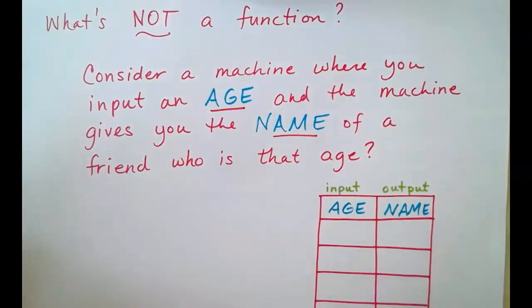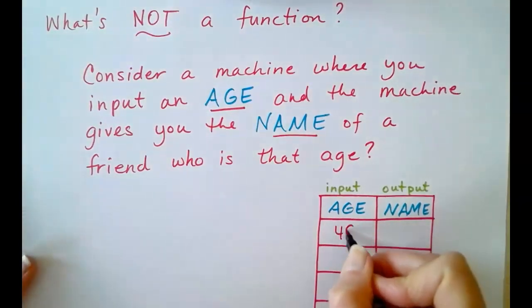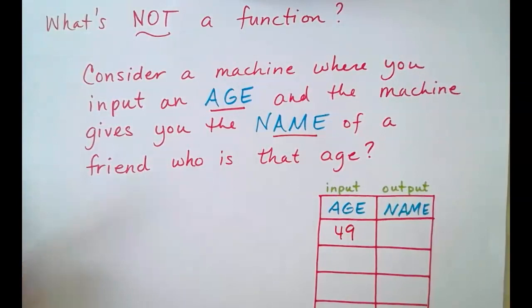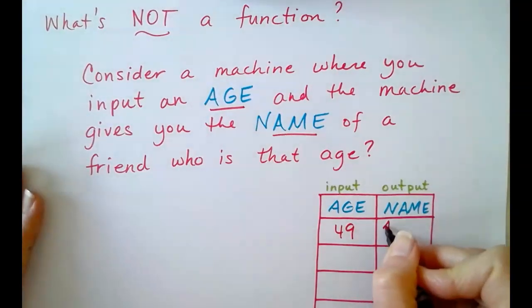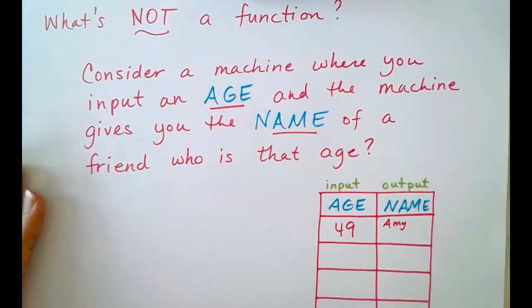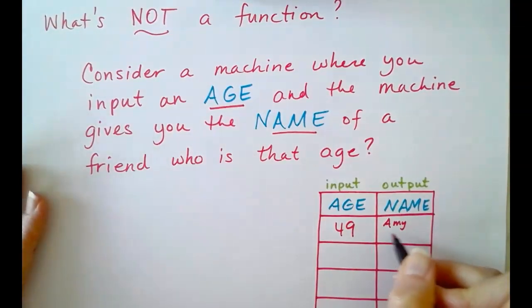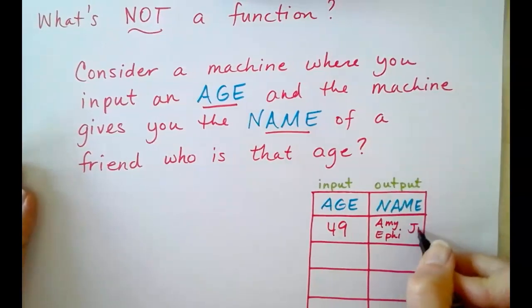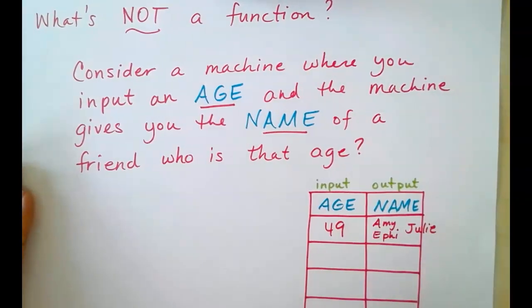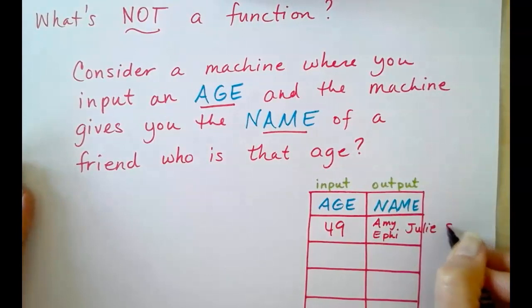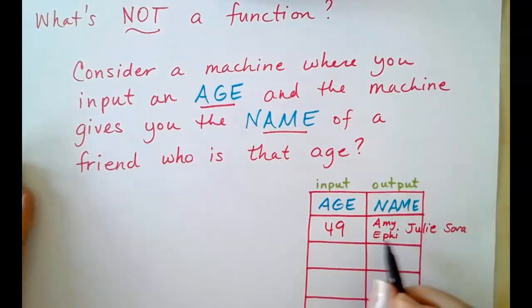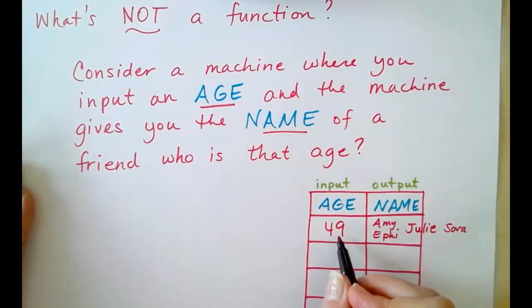So I have some friends, and if I put in 49, which is my age, how many friends do I have that are 49? Well, I have a friend named Amy, that's 49. I have a friend named Effie that is 49. I have a friend named Julie that's 49. I have so many friends and their names and they're all 49.